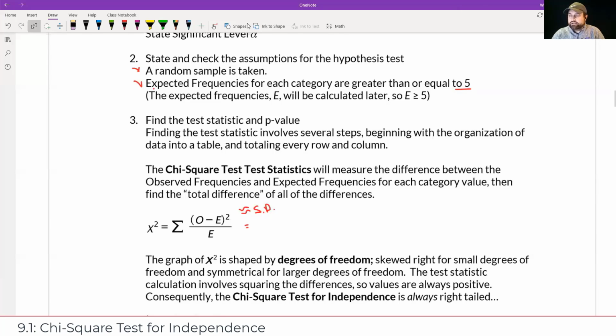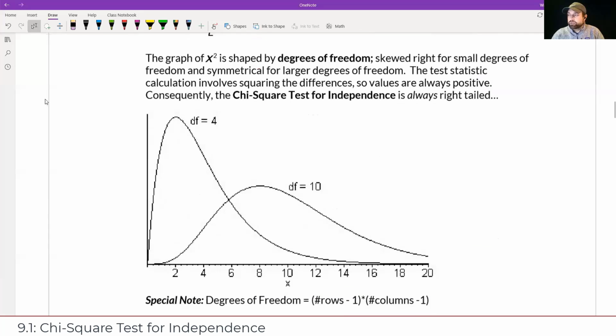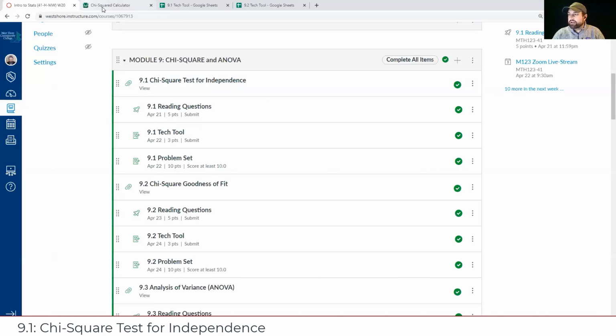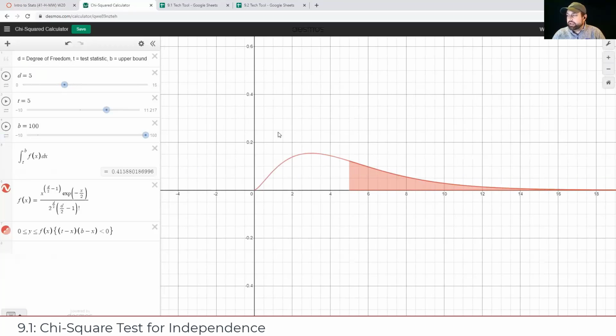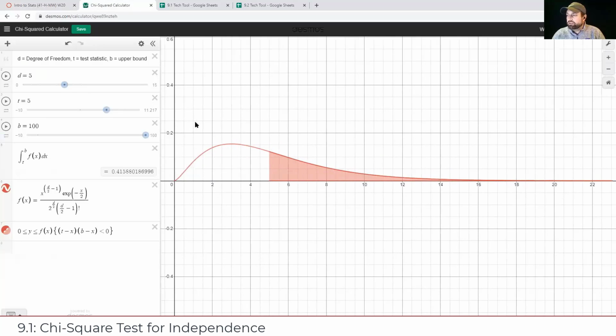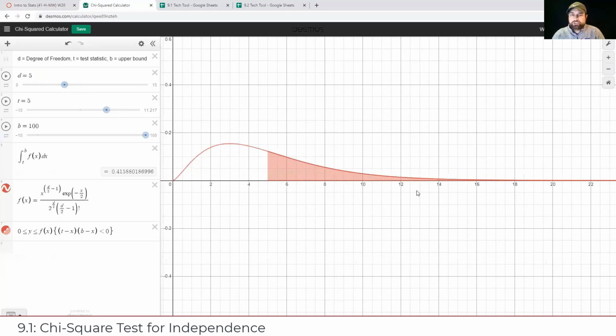The graph of chi squared is not a normal distribution. The graph of chi squared looks like this. And as a matter of fact, I actually have the graph of chi squared. This is chi squared. And you notice it doesn't go negative. We're only looking at the positive value of chi squared.